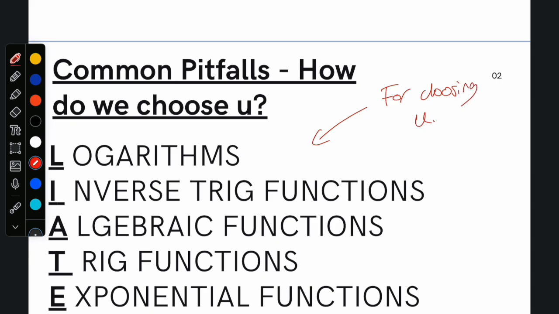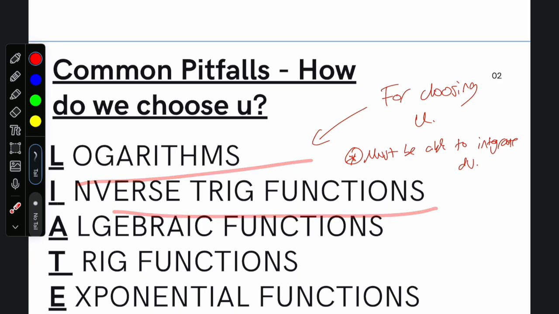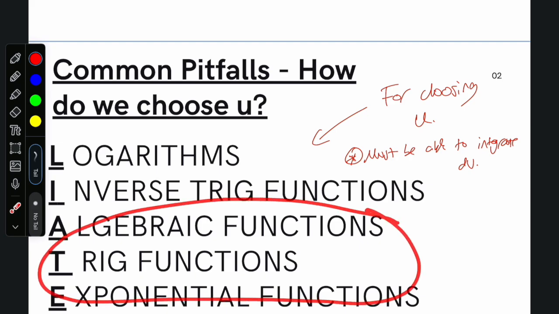Okay, so why does this work? Well, this works because, remember, for dv, we have to be able to integrate it. And so when we're picking dv by dx, exponential functions is the easiest. And meanwhile, you know, integrating logarithms and inverse trig functions, it's not as simple as these, right?